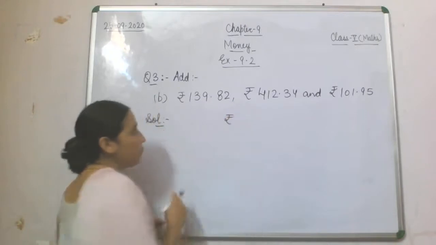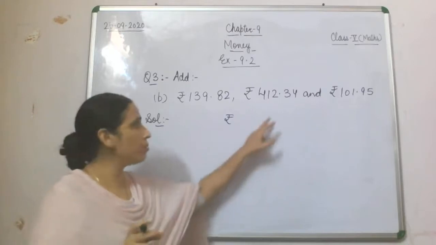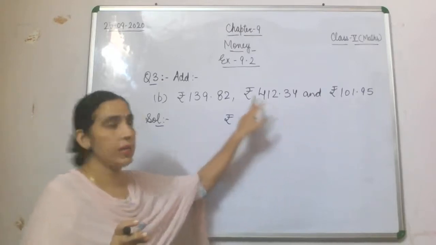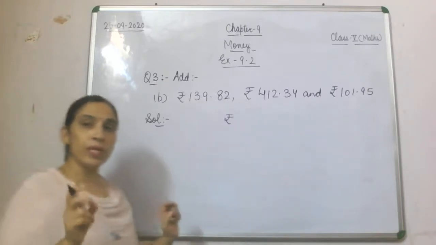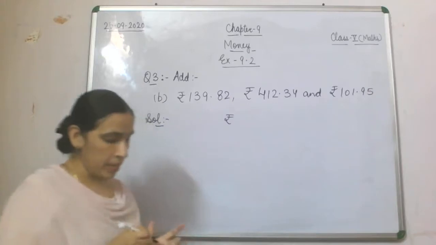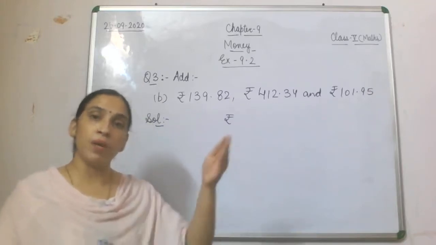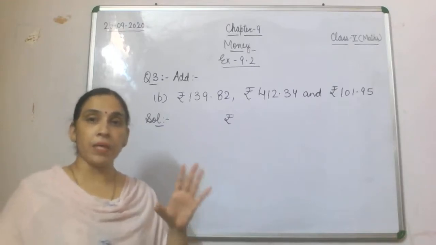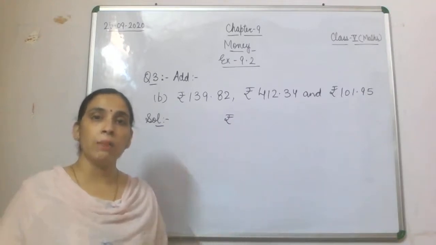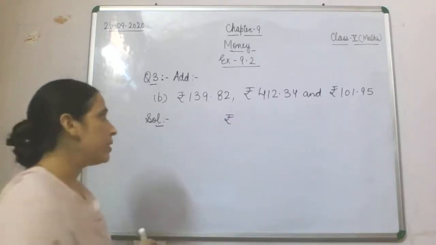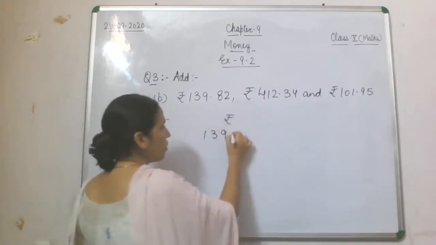Now you can arrange in descending order also, like first you write the bigger one, then smaller than that, then the least one. You can arrange in that way also, but it does not make any difference, because when you are adding, it does not matter if you write the smaller above and the bigger below. So you can write it in the order which is given.